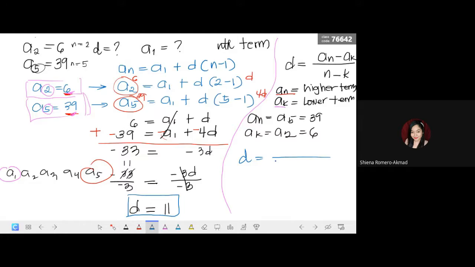So, D is equal to A sub n, 39 minus 6, and yung n natin here is 5, at yung k dito is 2. So, that's 5 minus 2. So, we will have 33 divided by 3, which is also the same dito, as you can see.